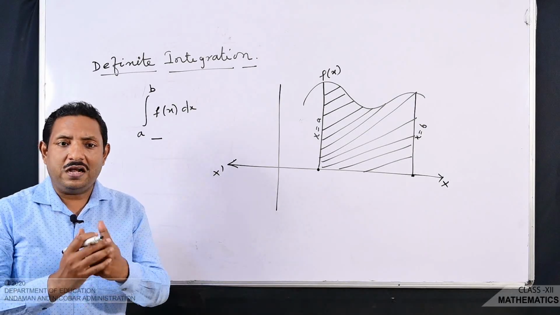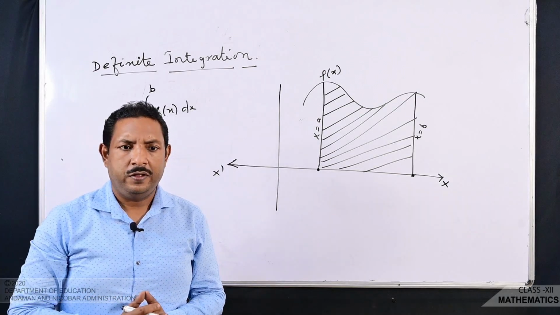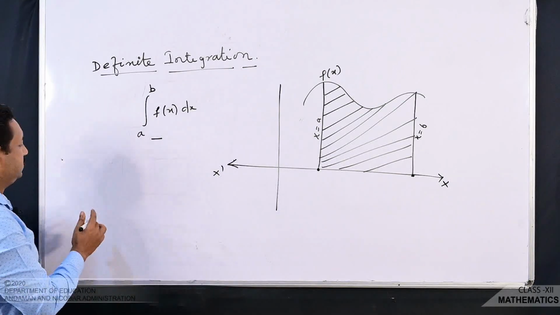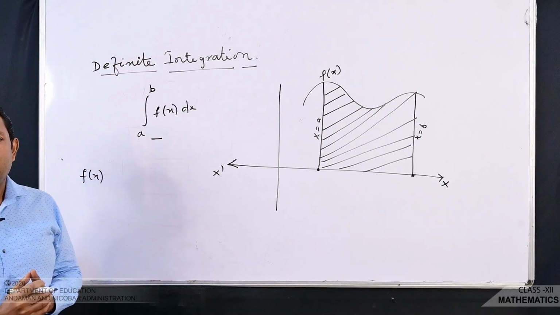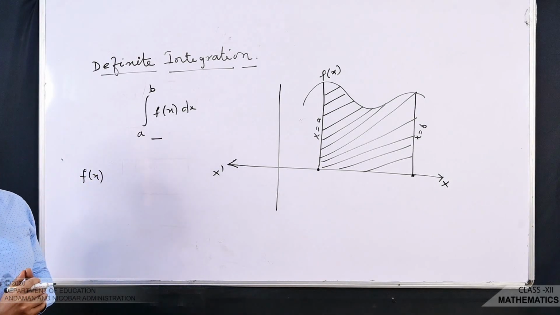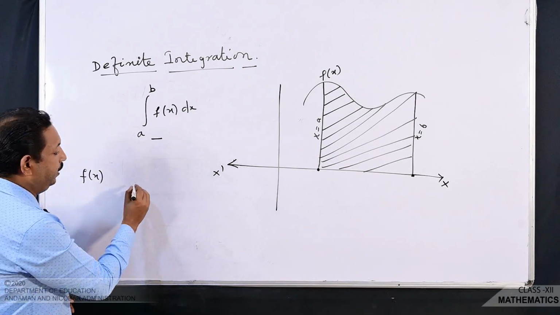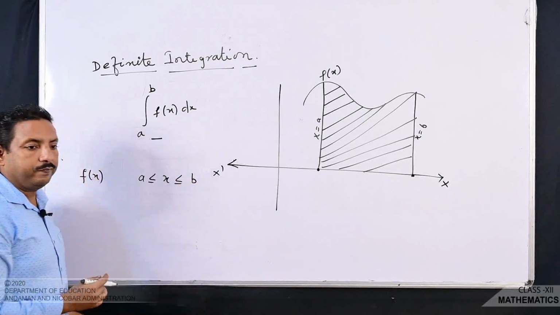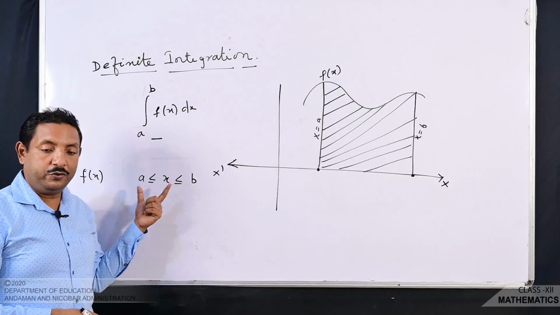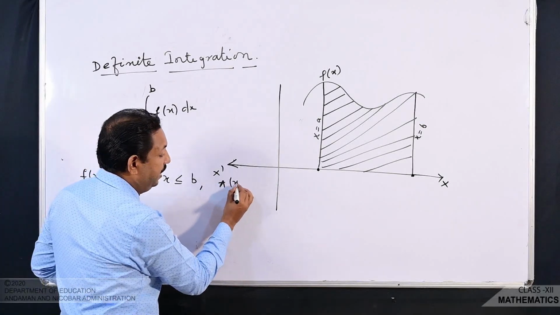So, what does this first fundamental theorem of integral calculus say? Suppose f of x is a function defined for a less than x less than b, that means x is lying between a and b, and A of x is some area function.